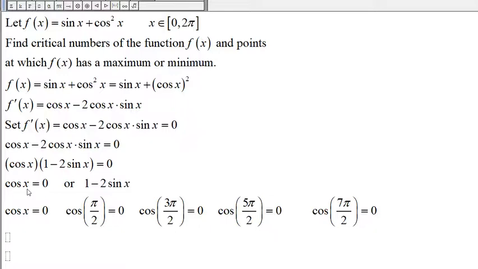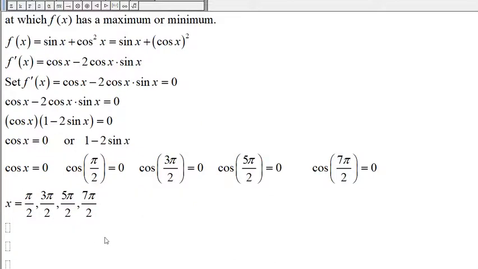So from here, that says that x must equal pi over 2, and then 3 pi over 2, and then 5 pi over 2, and 7 pi over 2. So these are the critical numbers so far.